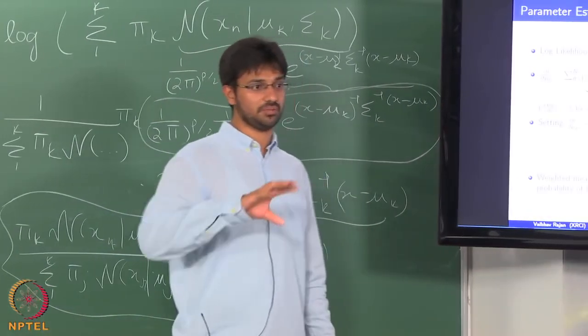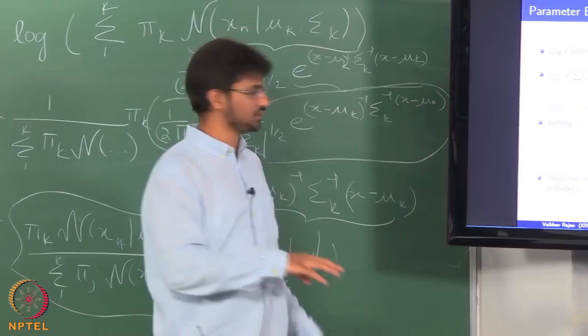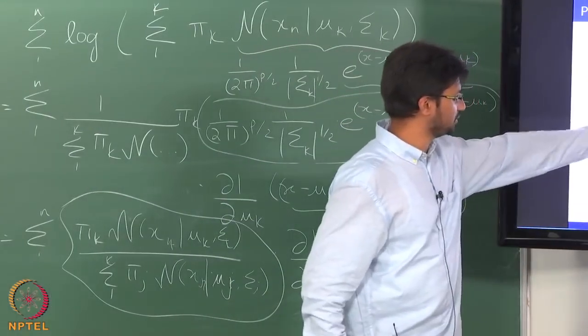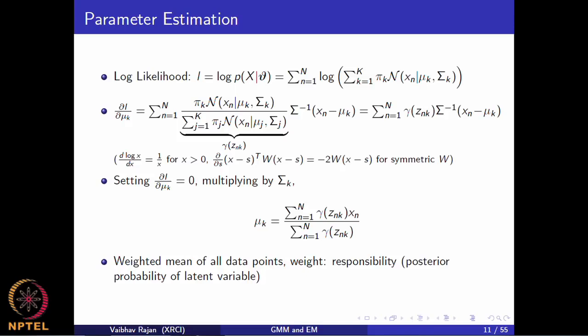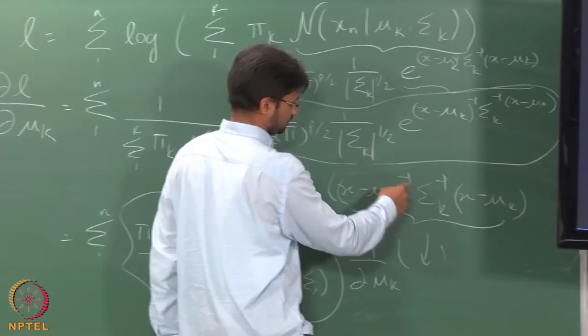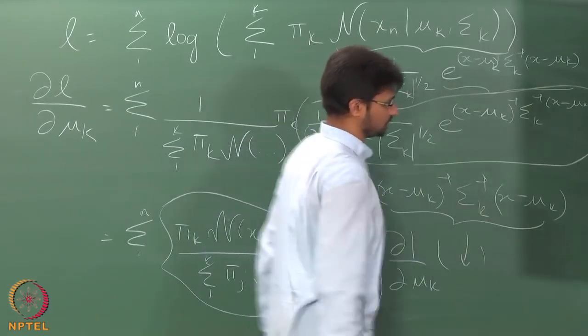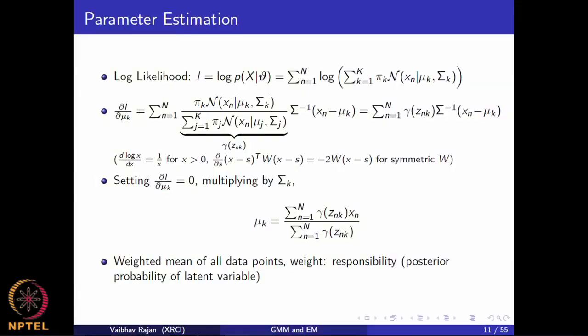There is a very nice book called the Matrix Cookbook, where you will find all these complex matrix derivatives. The derivative of the term (x minus mu k) transpose times sigma inverse times (x minus mu k) is nothing but minus 2 times sigma inverse times (x minus mu k) when the covariance matrix is symmetric. So you can just substitute that here.